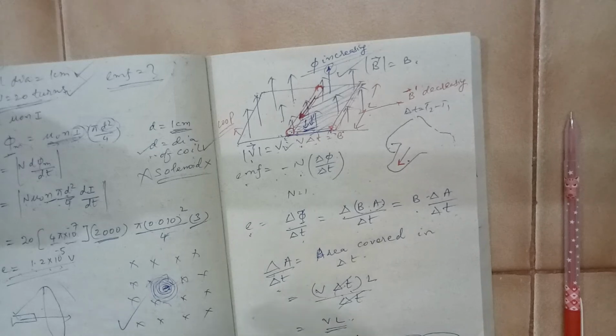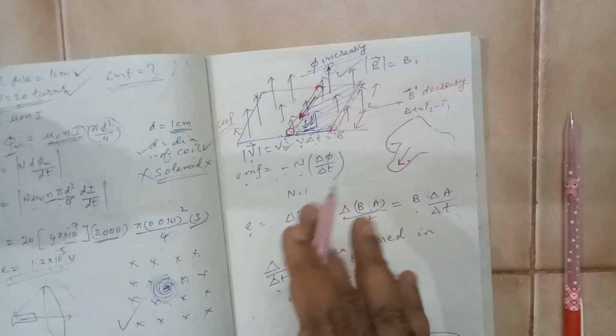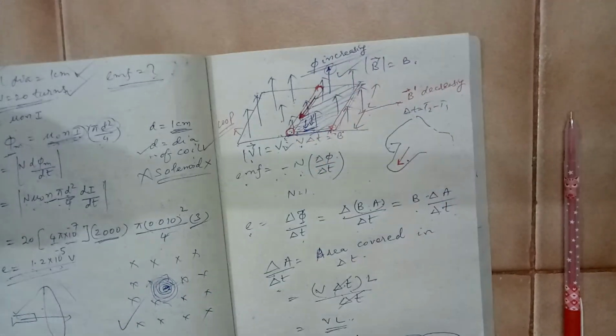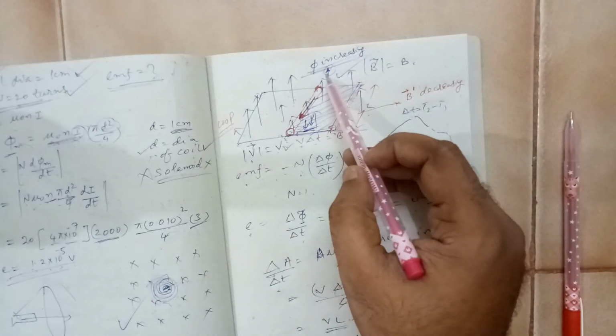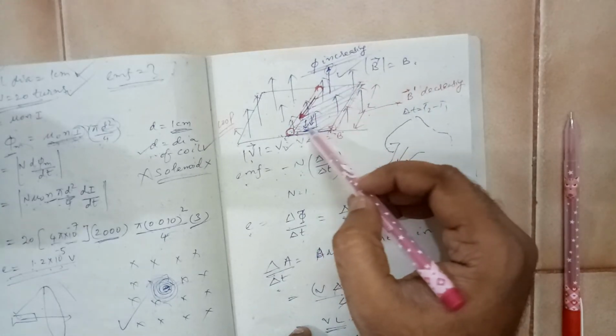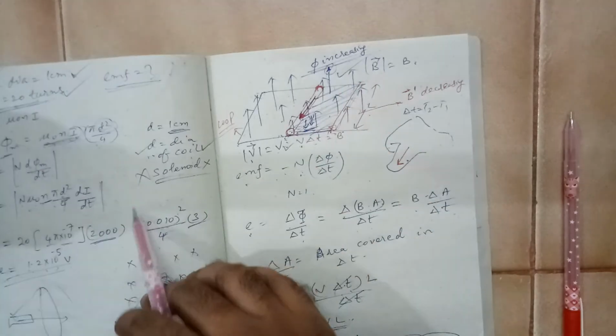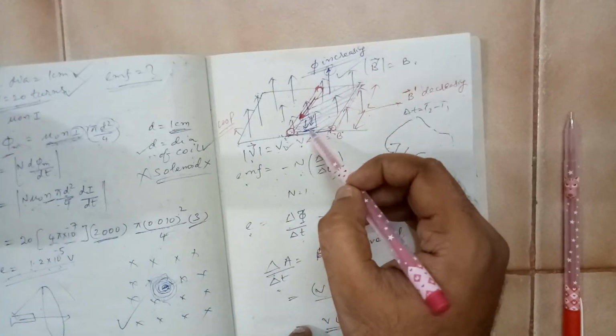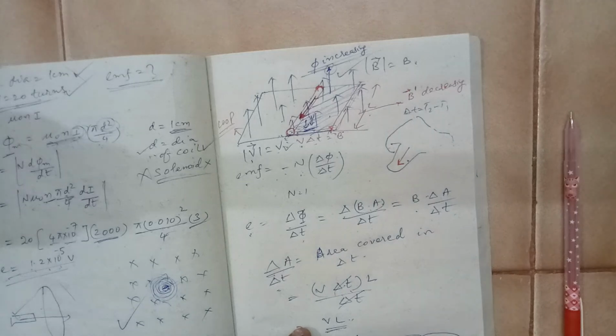Always remember, always ask yourself, flux is increasing in which direction? So the induced EMF effect should be such that the magnetic field will try to reduce the change in flux. So if the flux is increasing in upward direction, the magnetic field because of this coil will be acting in the downward direction, and we need to find the current induced because of that.